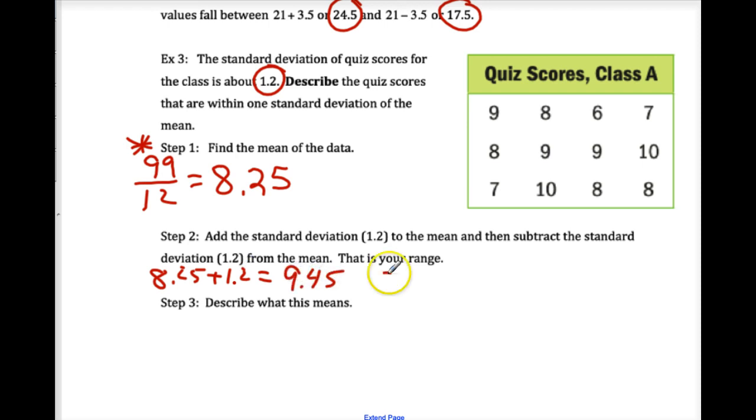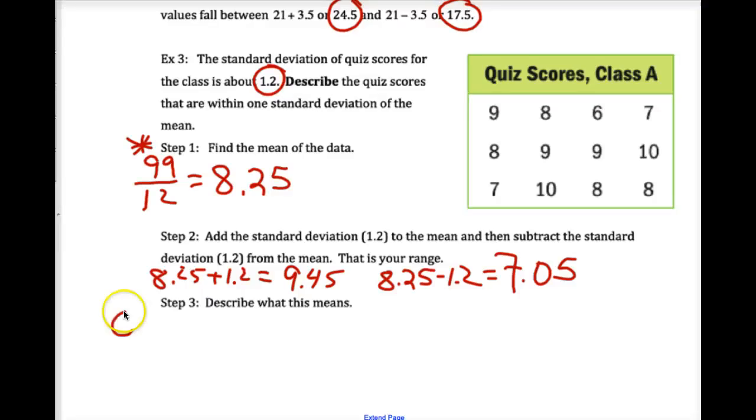Now subtract the standard deviation from the average. 8.25 minus 1.2 is 7.05. Yeah, that's right. Here's what this means: all the people that scored between 7.05 and 9.45 are within one standard deviation of the average.